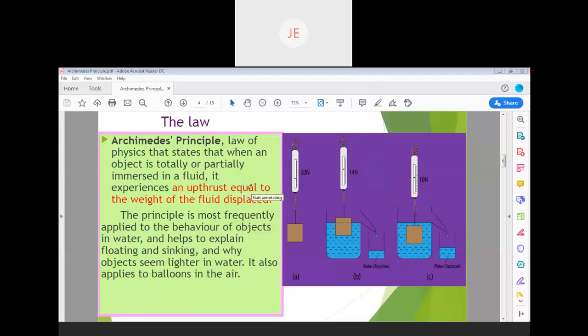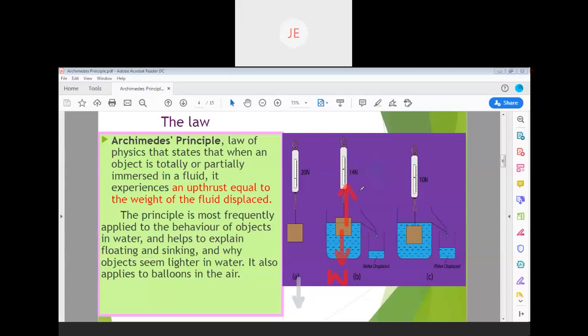So let us see the free body diagram of this block. Downwards, weight is acting.